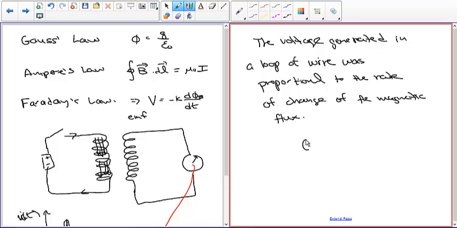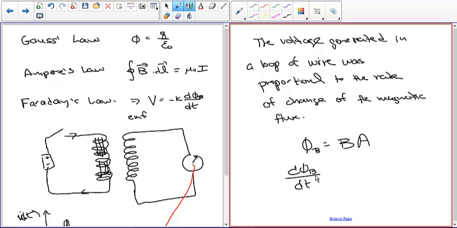And the magnetic flux, this phi sub b, is just equal to the magnetic field times the area. So it's just like water flowing through a pipe. This is kind of like the pressure. That's the area, or velocity, I guess, in the area. So that's the magnetic flux, phi sub b. So if you have d phi sub b dt, that's what he's talking about.